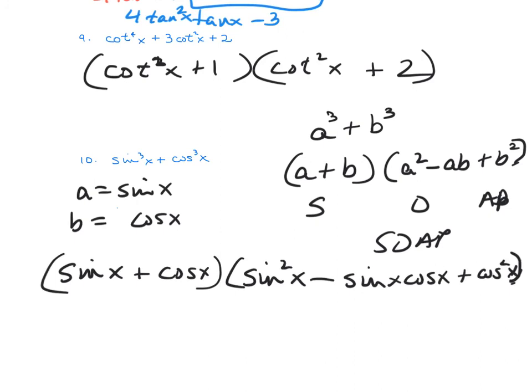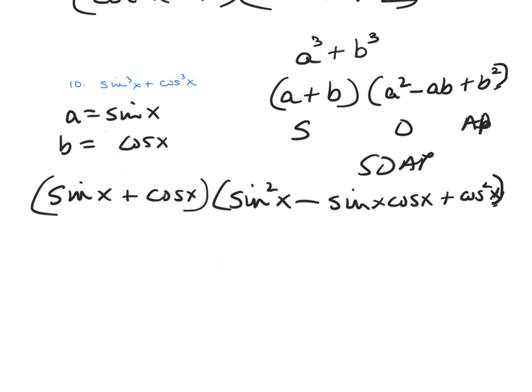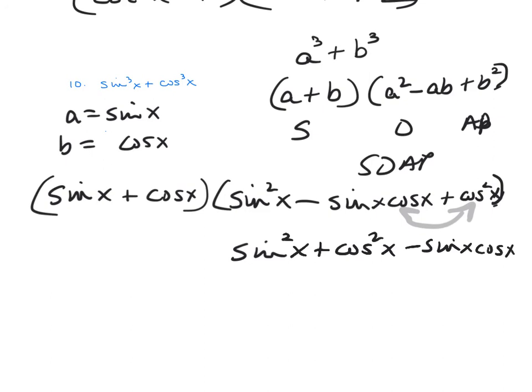Now, I can simplify this down. On this one, I'm going to use my commutative property, and I'm going to flip-flop these two. So I'm going to put sine squared x plus cosine squared x minus sine x cosine x.